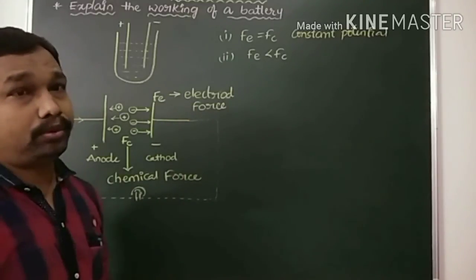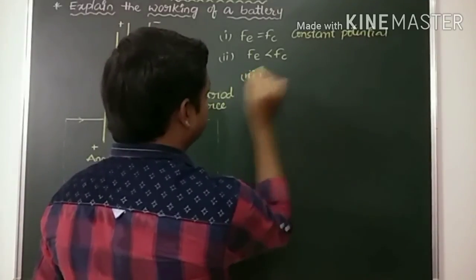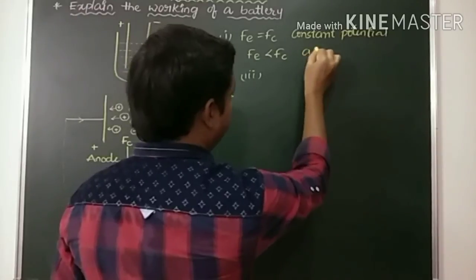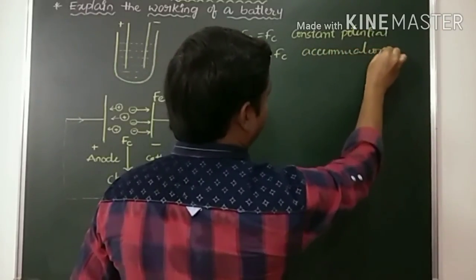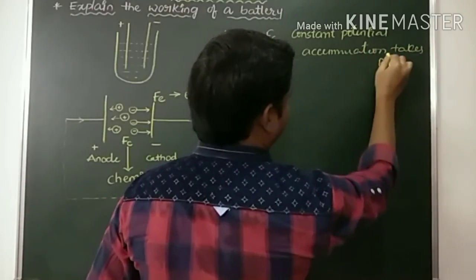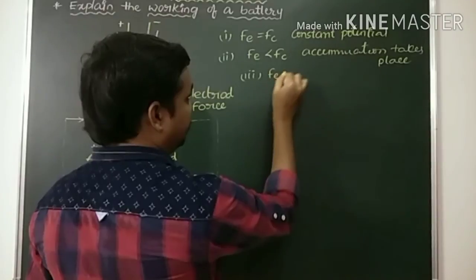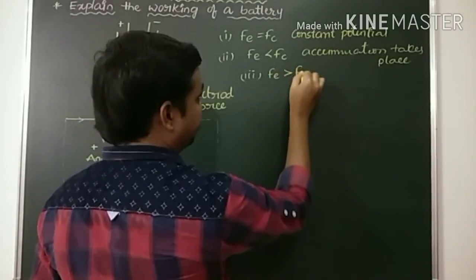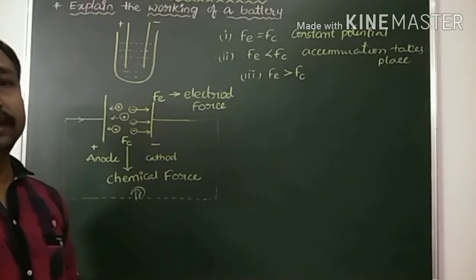And one more condition. Suppose you consider one more condition. Here accumulation takes place. And there is a third condition. Fe is greater than Fc. The electrode force is more than the chemical force.